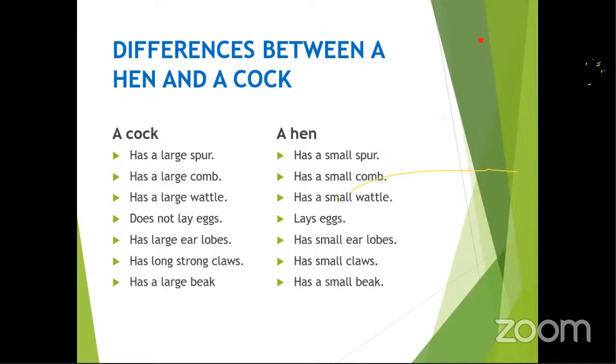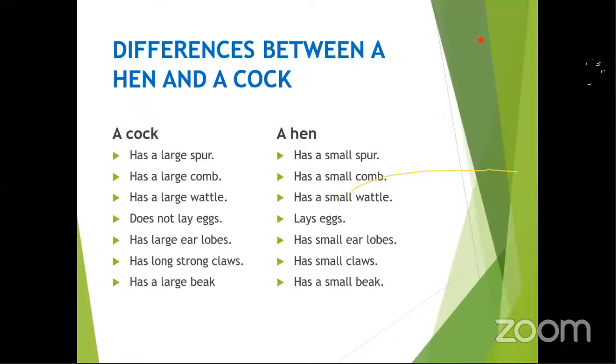The comb is the one which is on top of the head. That is the comb, while the wattle is just below the head. So these are the differences between a hen and a cock, as simple as that.